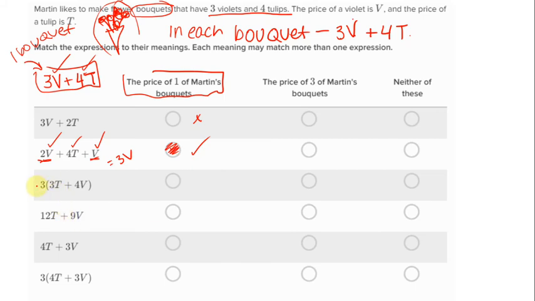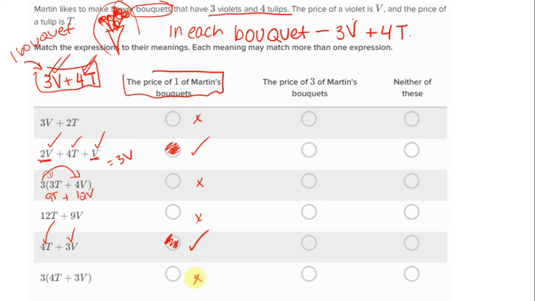Then this one, let's see, this would actually be 9 t's plus 12 v's, so that one's a no. This one, 12 t's and 9 v's, also a no. This one, 4t, which is what we're looking for, and 3v, which is what we're looking for. So this guy's going to work for us. And this last one, this would be 12t and 9v, so that one's a no.